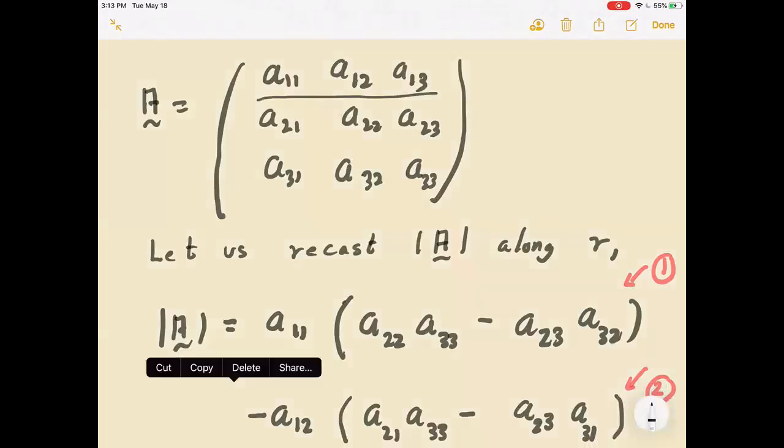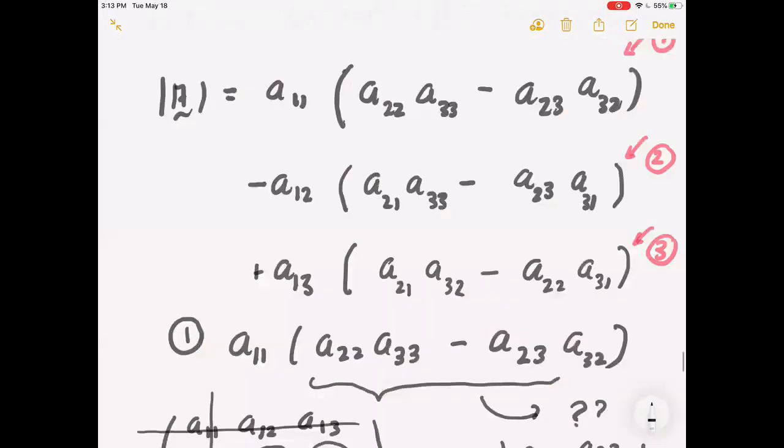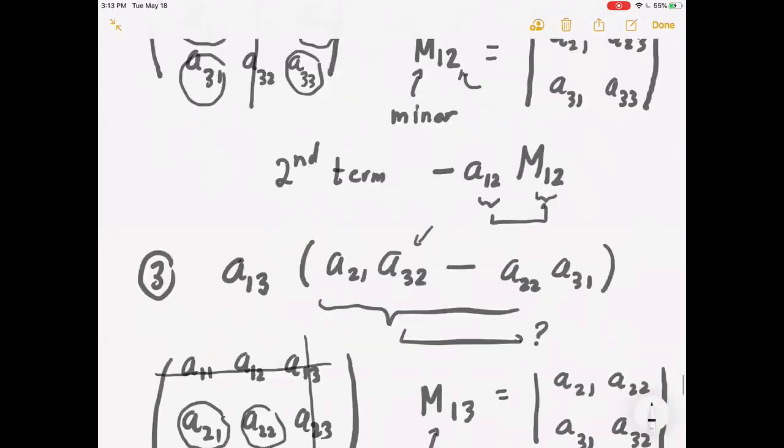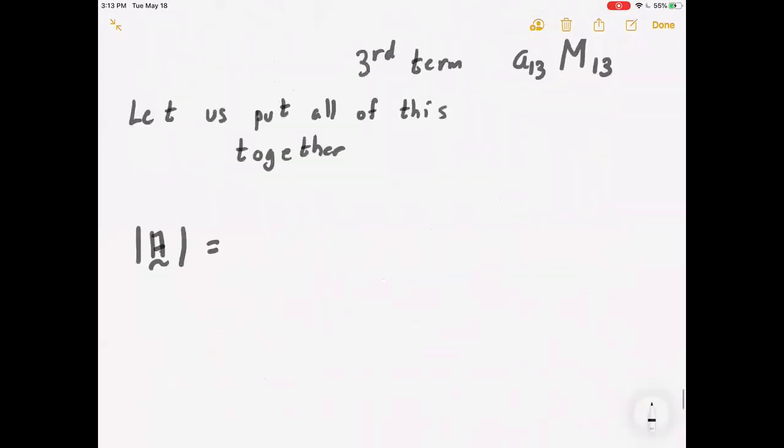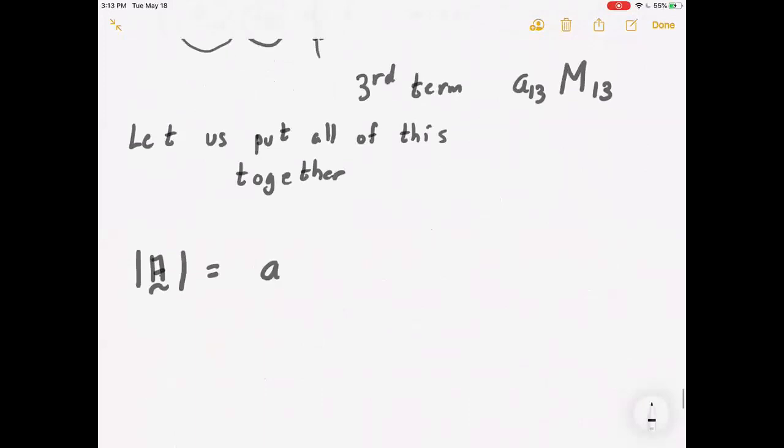I have coefficient a sub 1,1 times the minor M1,1. I have a minus sign, and a coefficient a sub 1,2 times the minor M sub 1,2. And I have a coefficient a sub 1,3 times the minor M sub 1,3.